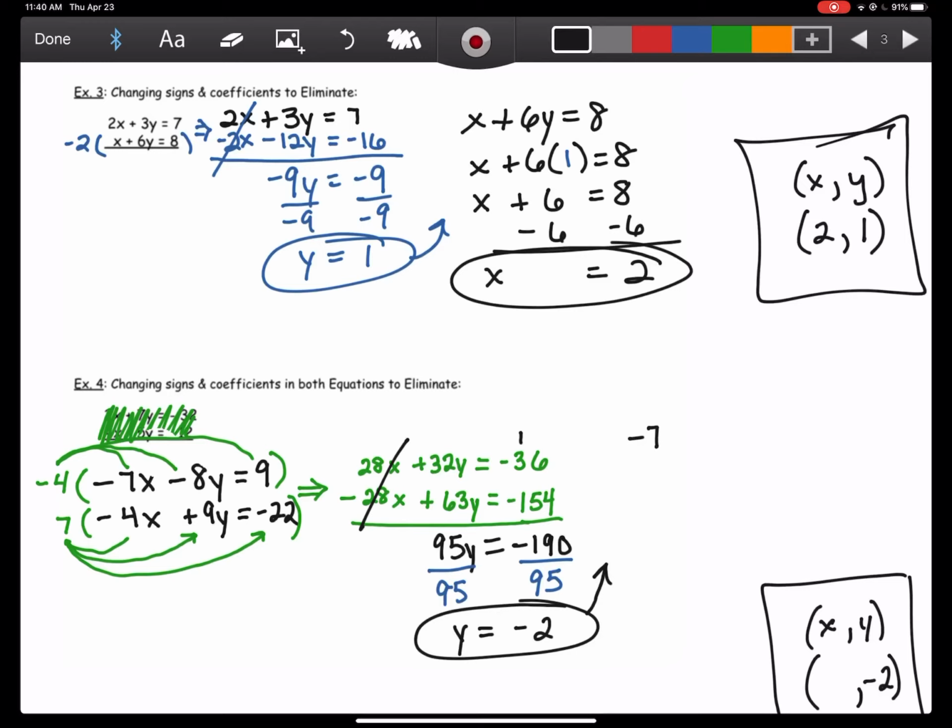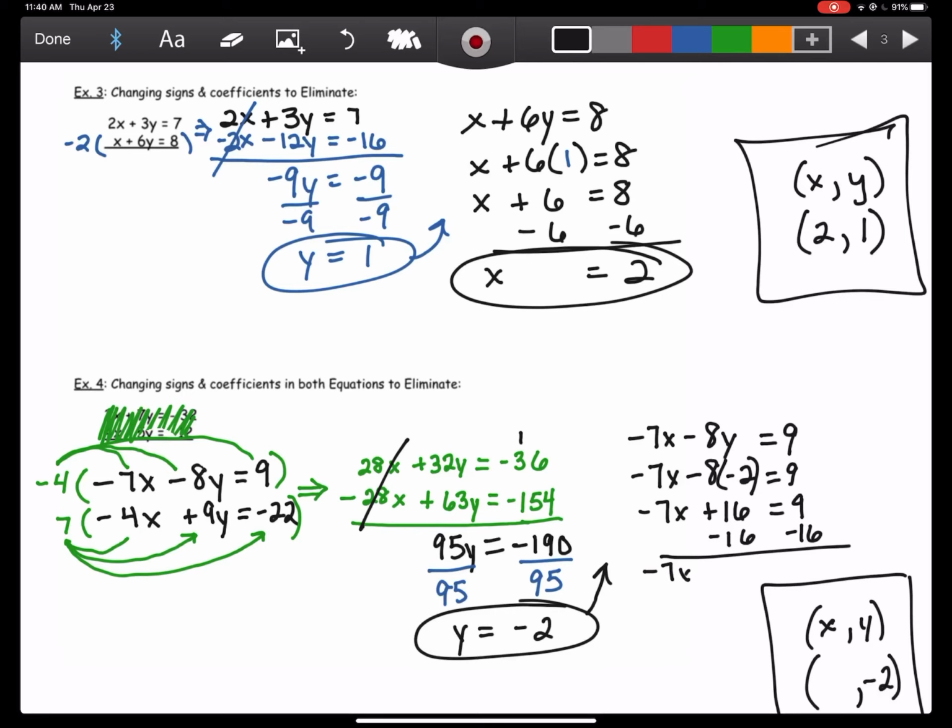So negative 7x minus 8y equals 9. Negative 7x minus 8, open parenthesis, substitute the negative 2, equals 9. Negative 7x plus 16 equals 9. Subtract 16 from both sides. Negative 7x equals negative 7.